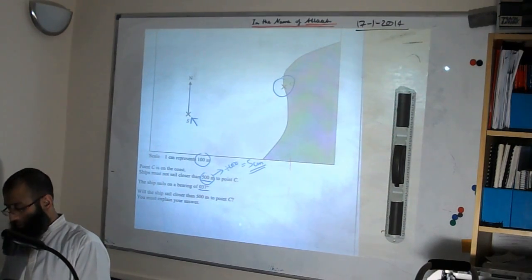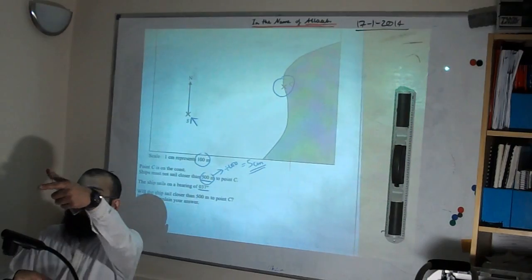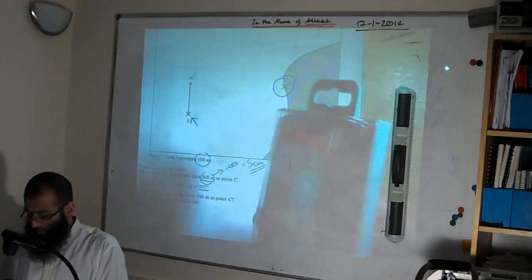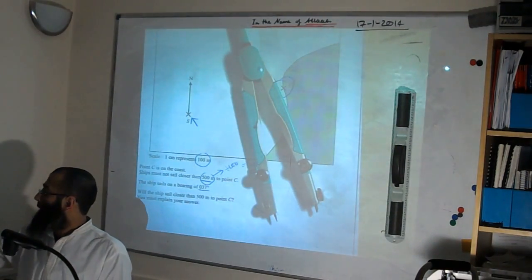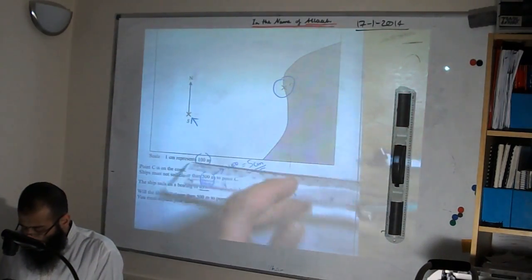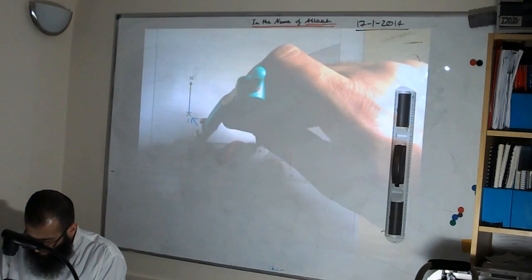This one's a bit loose, this one's a bit tight. Sorry about that folks. So we're going to set it to 5 centimeters. Let's just hope this one doesn't flop.